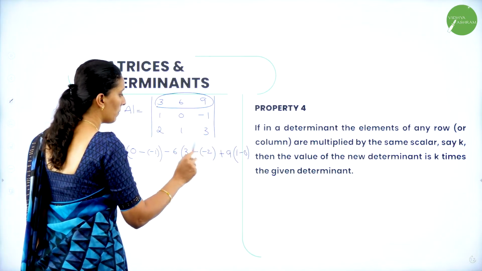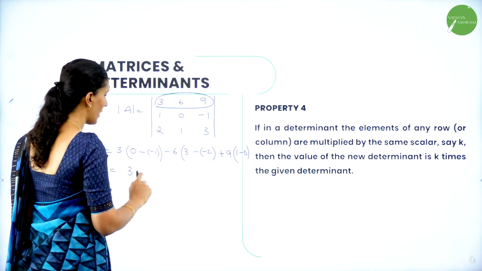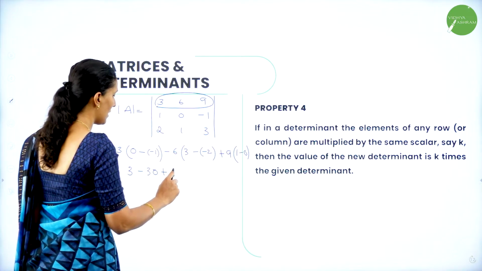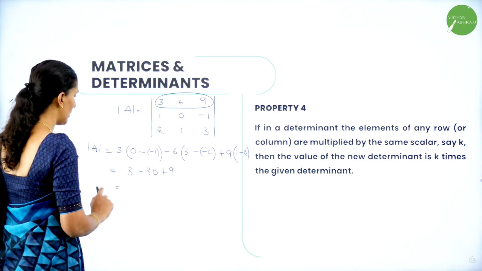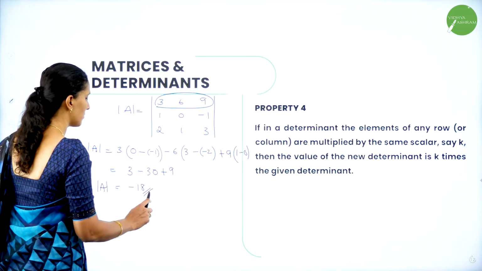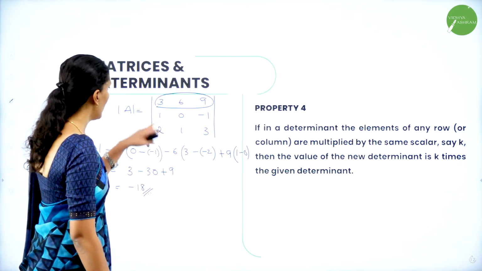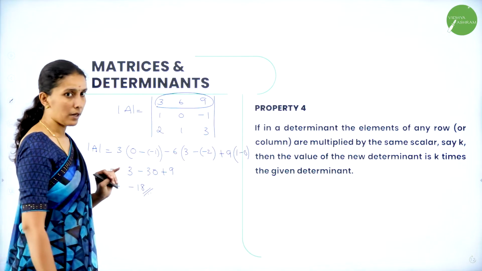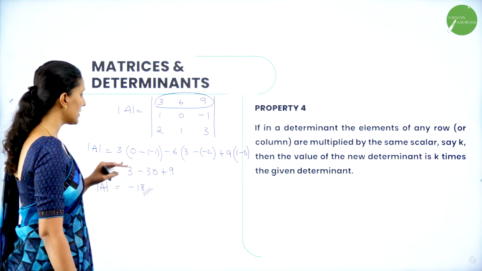Next you have plus 2, 5, 6 fives are 30. Next, plus 9. So determinant A is equal to minus 18.